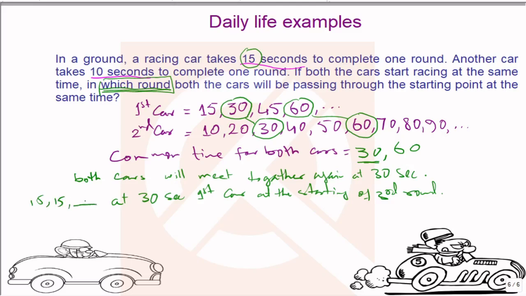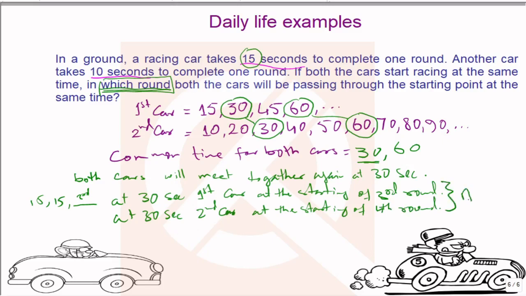Now it's at the starting point of the third round. Okay, so now what about the other car at 30 seconds? At 30 seconds the second car has completed 3 rounds. So it's at the starting of the fourth round. So this is the answer which is required.